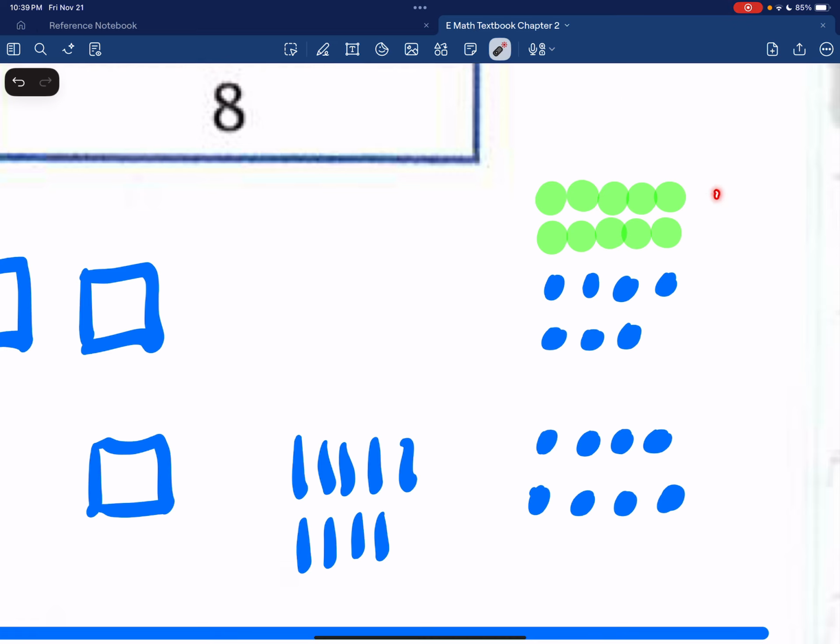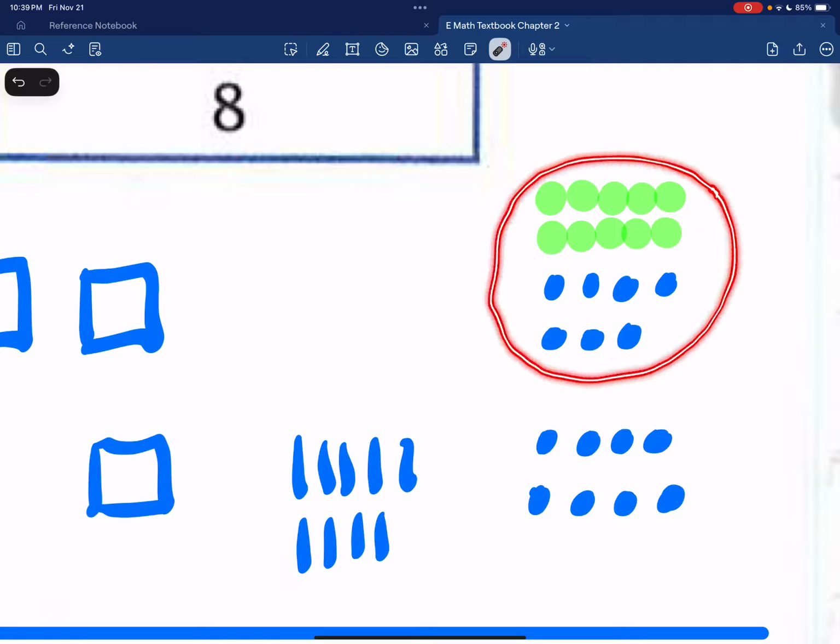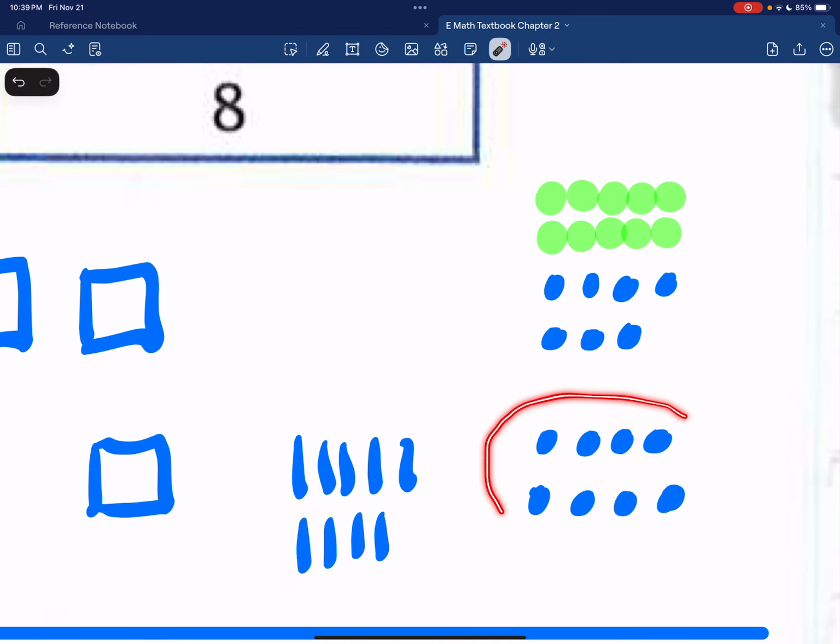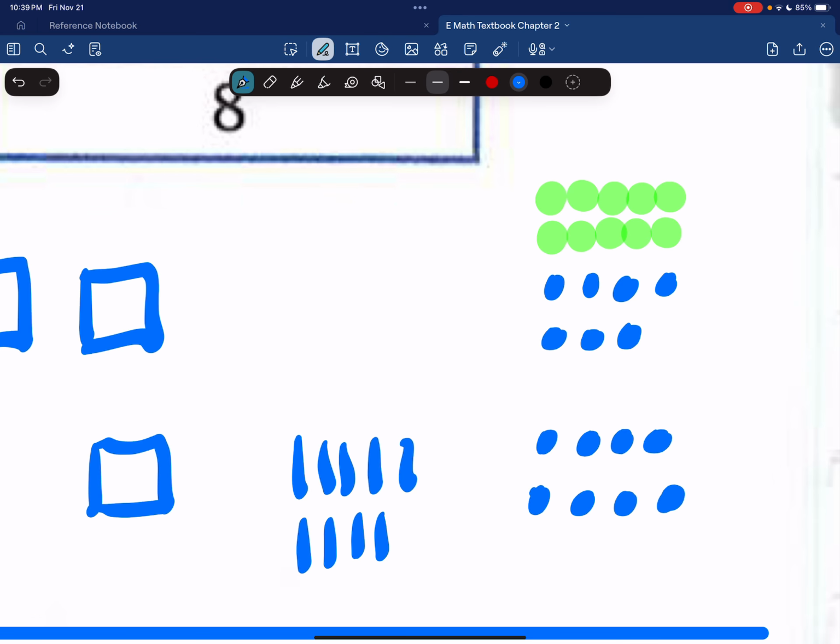So now you have enough of these to subtract these away. And this is where you would use elimination. So I'm going to cross off this one and this one and this one. It doesn't matter which ones you cross off, as long as you do one on top and one on bottom.